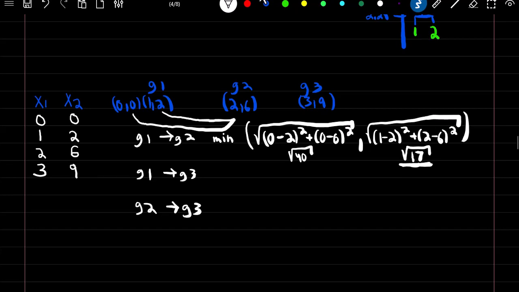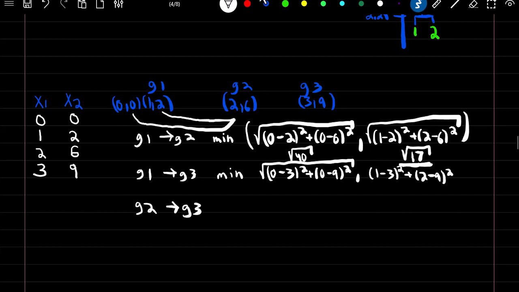Now to do the same thing for group 1 and group 3. Again, group 1 is 2 observations, so we have to find the minimum of the 2 distances. So the minimum of the square root of 0 minus 3 squared plus 0 minus 9 squared, and the square root of 1 minus 3 squared plus 2 minus 9 squared.